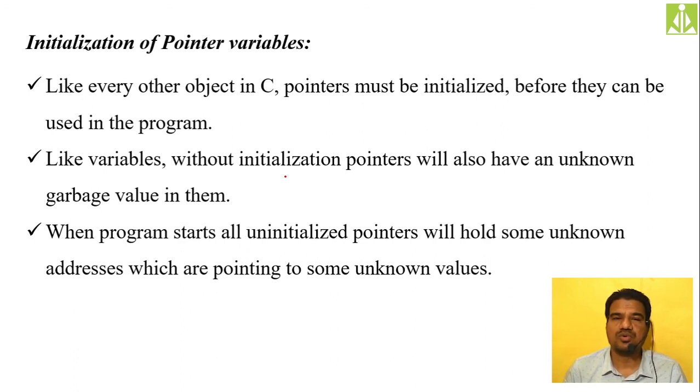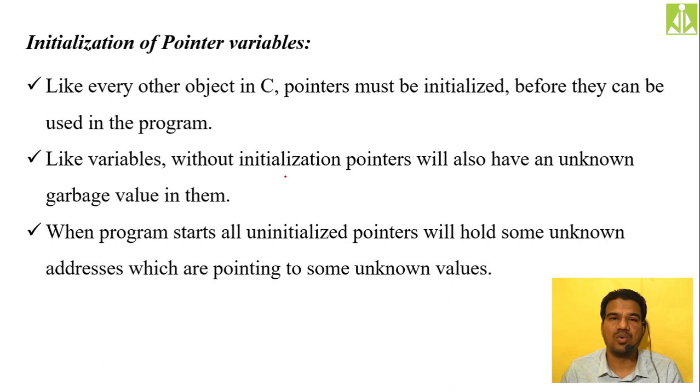But if you go to traditional compilers like Turbo C, ANSI C, or some other versions of C compilers, you will see the difference over there. Whenever you leave a variable uninitialized, definitely it will hold a garbage value. And whenever you leave a pointer uninitialized, definitely it will hold some garbage value. So to avoid holding garbage values, in case of normal variables, integer variables, initialize them to zeros, and in case of pointer variables, initialize them to null values.